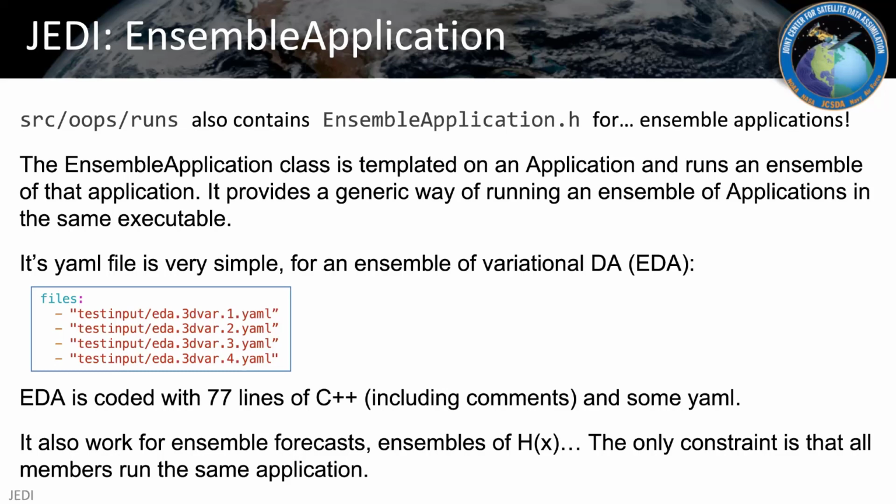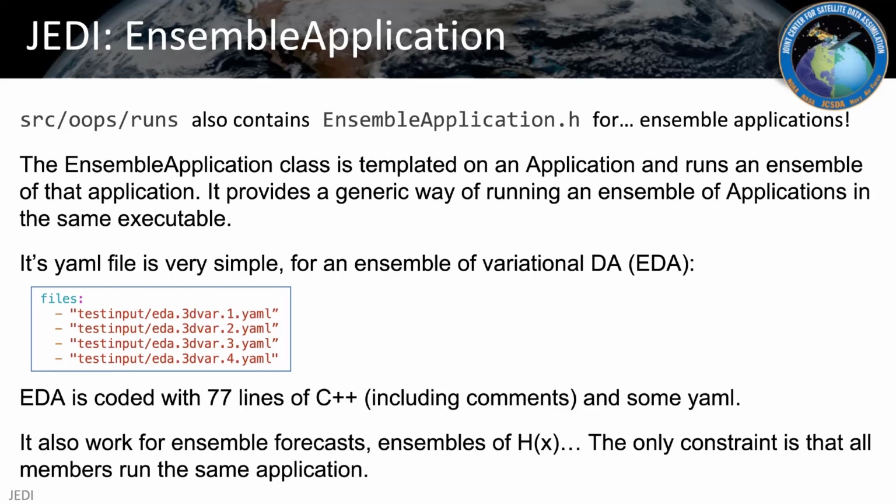Now, that can be convenient. You don't necessarily want to run all your ensemble members as one executable. It really depends on the context. Typically, operational centers prefer to run them as separate executables because it's easier to manage in the queues, and it's easier if one fails to rerun just that one. But there are contexts where you might want to run it as one application. And you just give it a list of YAML files, basically one for each member in your ensemble, and it will run like that.